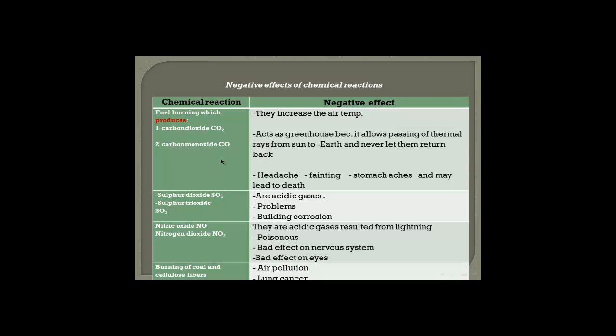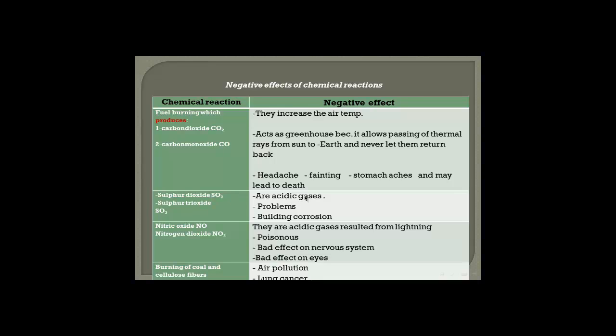Also, increasing the ratio of carbon dioxide and carbon monoxide in air leads to headache, fainting, stomach ache, and may lead to death. Number 2, sulfur dioxide SO2 and sulfur trioxide SO3.